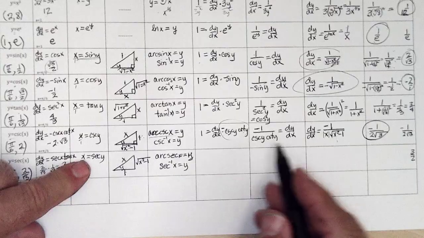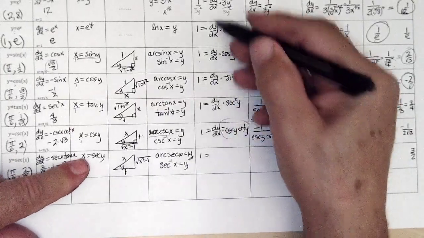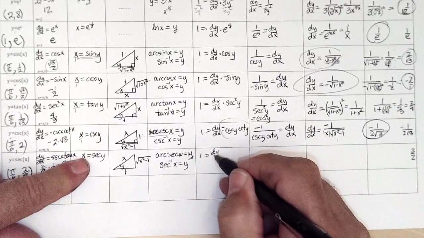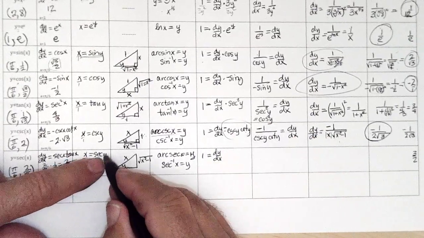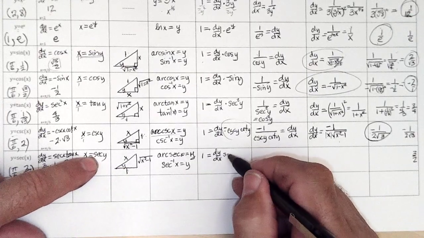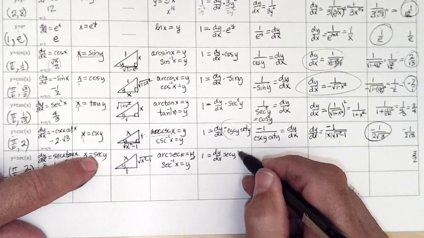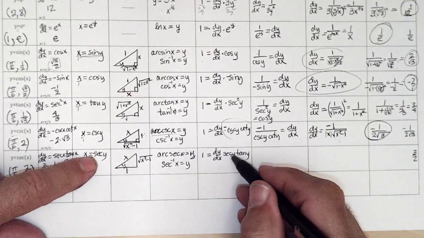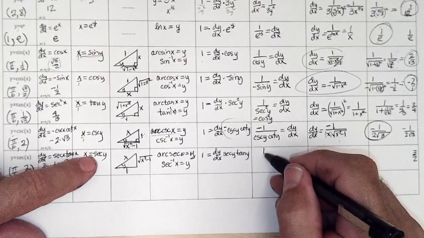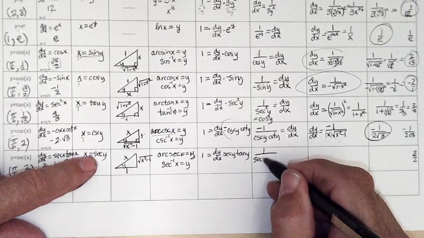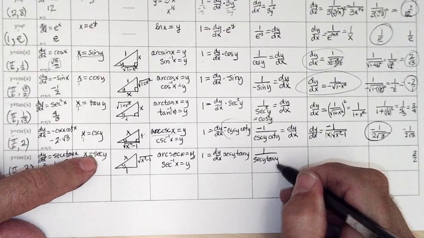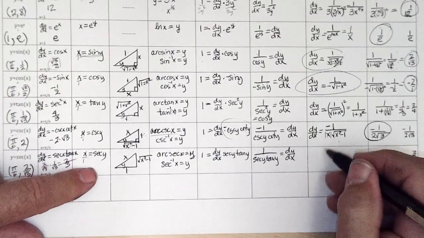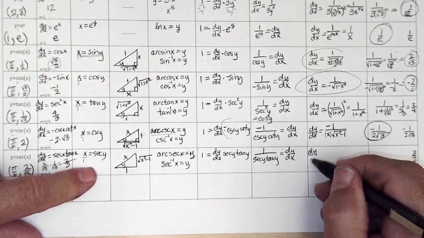Taking the derivative of this, derivative of x is 1, you see how this derivative of x is showing up every time as 1, equals dy/dx, the derivative of the inside, times the derivative of secant, which is secant y tangent y. Dividing by secant y tangent y, we get 1 over secant y tangent y is dy/dx.